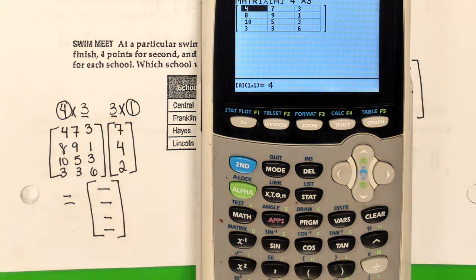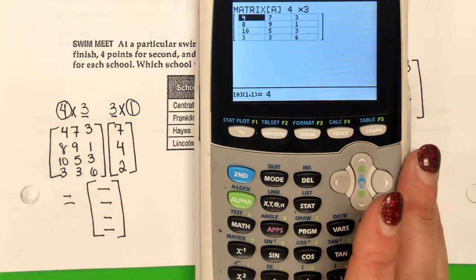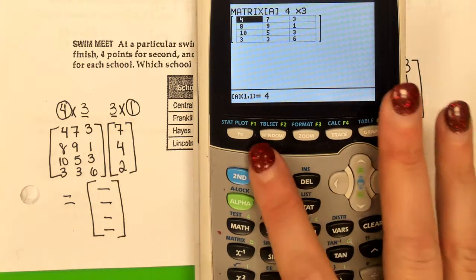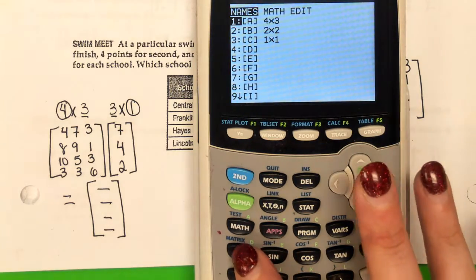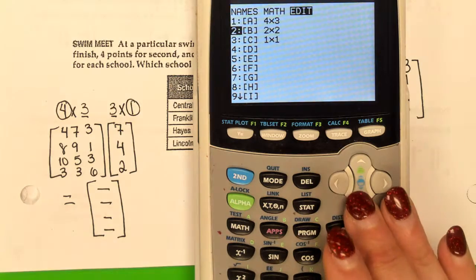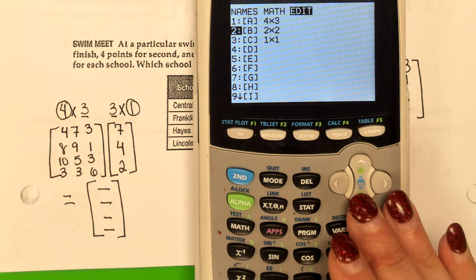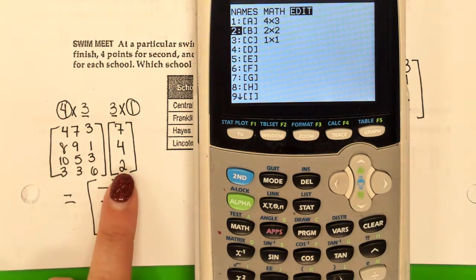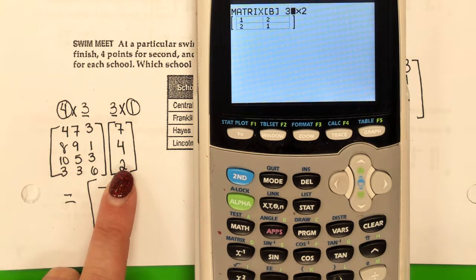Okay, then what do we do once we get all those numbers typed in? Second matrix again. Go over to edit, but we're not going to edit the first one this time. We're going to edit the second one so that we can put in this one. And this one's a 3 by 1.